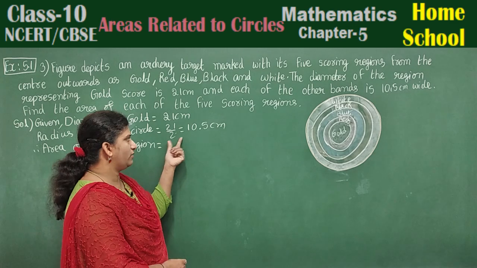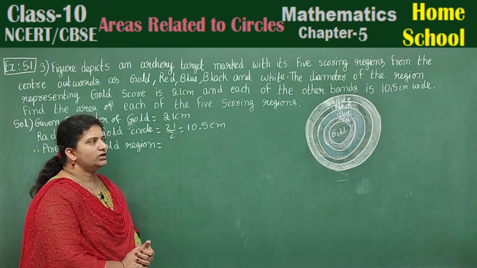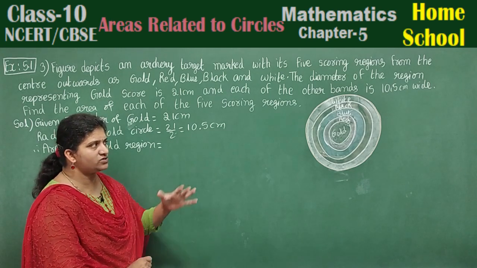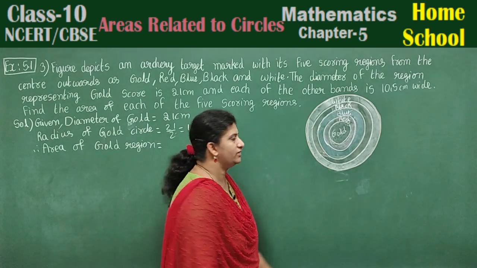Radius of gold is equal to 10.5 centimeters. Now let us find all the radii of each color. Okay, first gold circle finished.